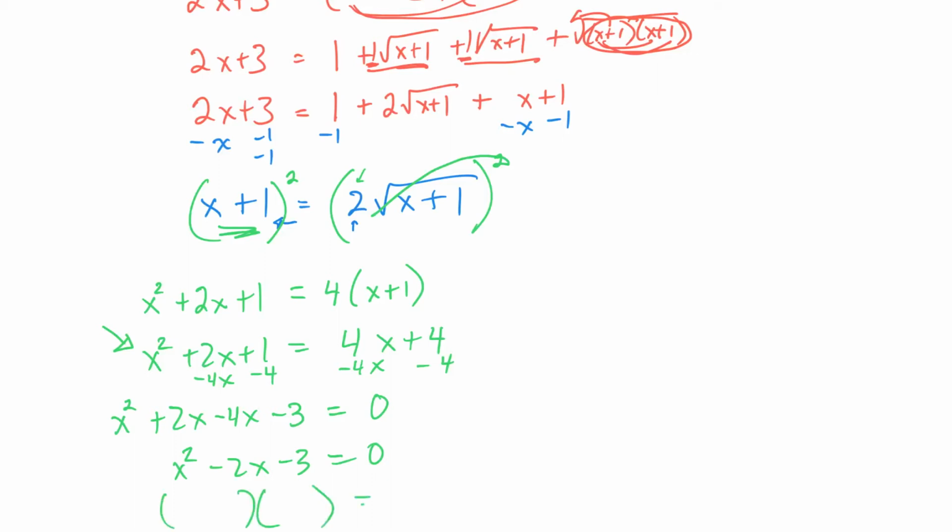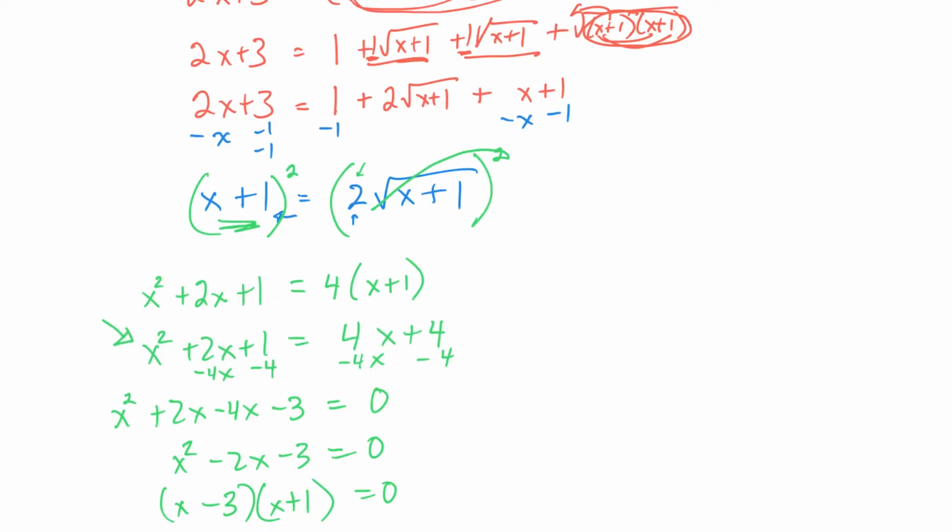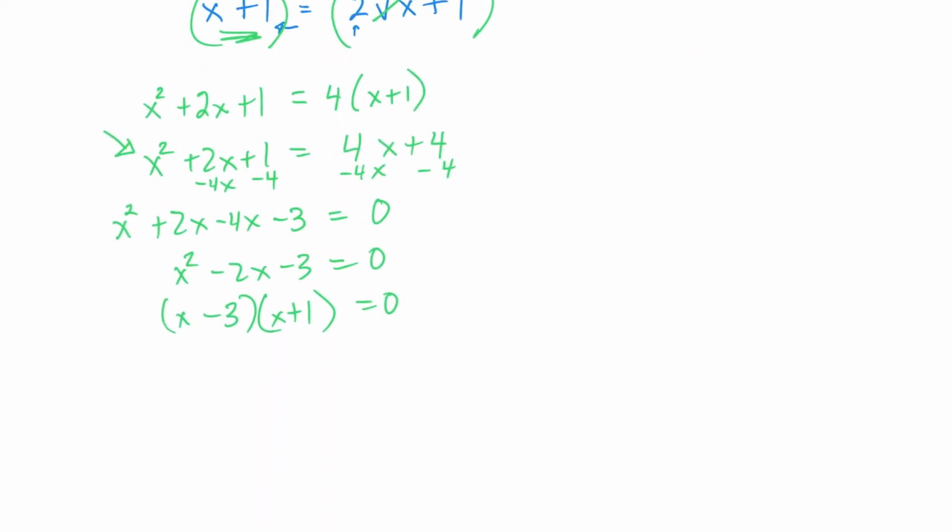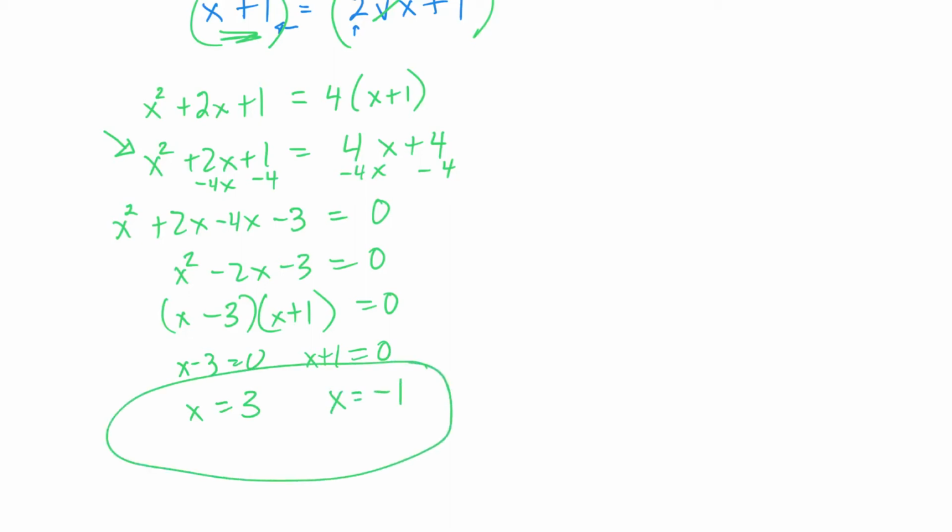Let's try factoring. Hope it works. I'm thinking minus 3 and plus 1 will work. Crossing my fingers. Let's continue on. So this would be either x minus 3 is 0 or x plus 1 is 0. So x is 3 or x is equal to negative 1. So those would be my answers.